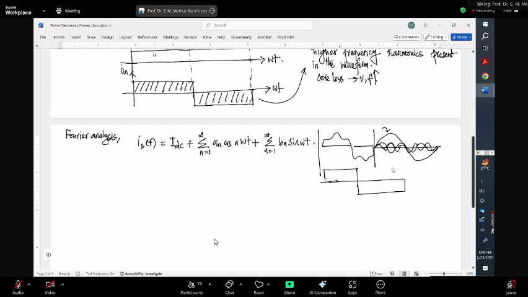So that's what the Fourier analysis says. When you have a DC component, as well as you add up all the high frequency sinusoidal signals, you will get a non-sinusoidal signal, or vice versa. Any non-sinusoidal signal can be represented as a series of sinusoidal signals with a DC component with it. Do you understand what I am trying to say?